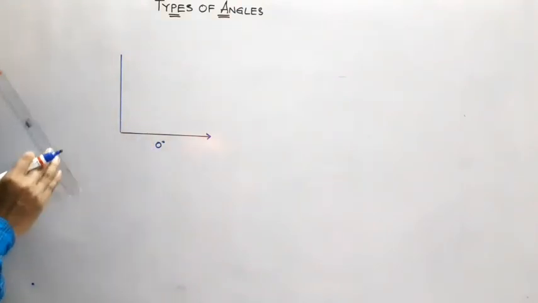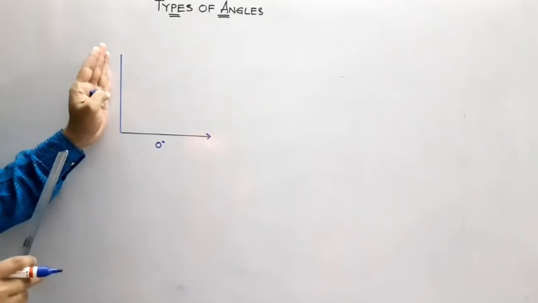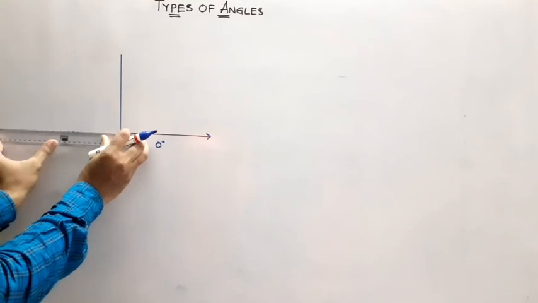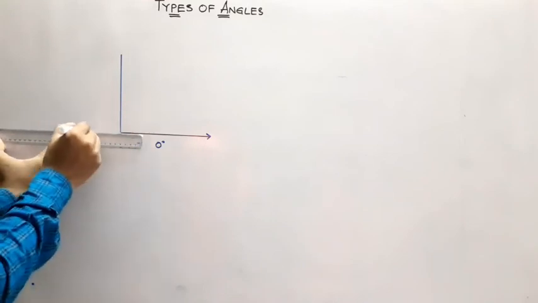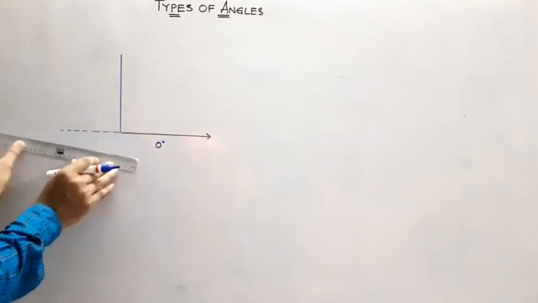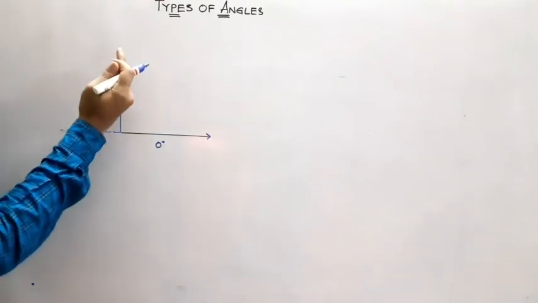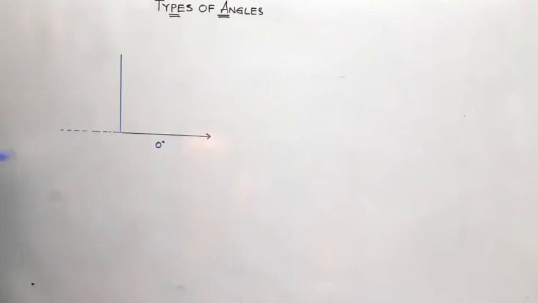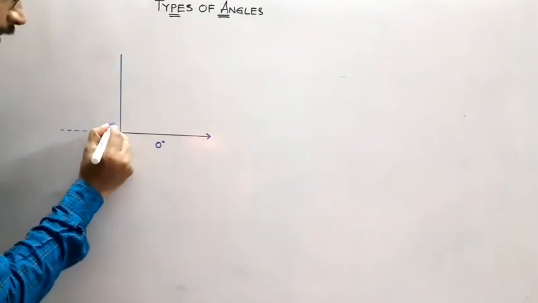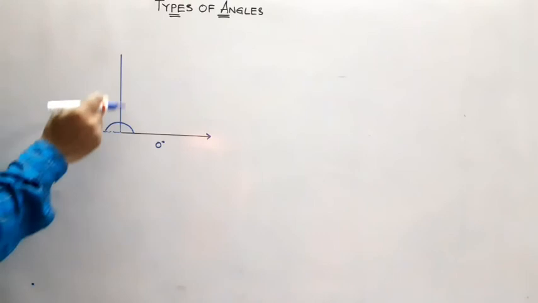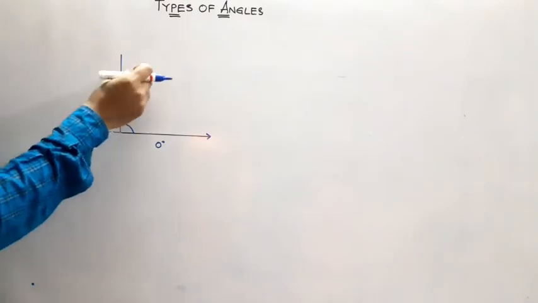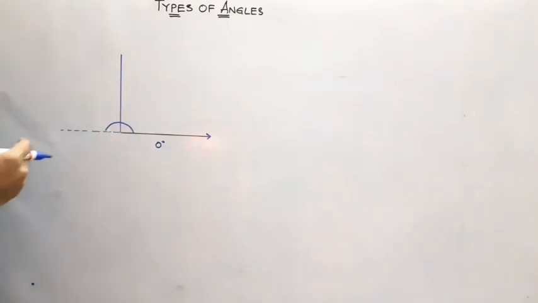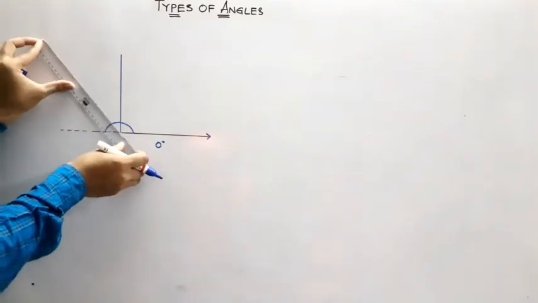Now what I want to do is go beyond 90 degrees, and it should be less than 180 degrees. I want to draw an angle greater than 90 degrees but less than 180 degrees. As you know, 180 degrees is an angle like this. So I want to draw an angle which is going to be between 90 degrees and 180 degrees. So it comes like this, for example.